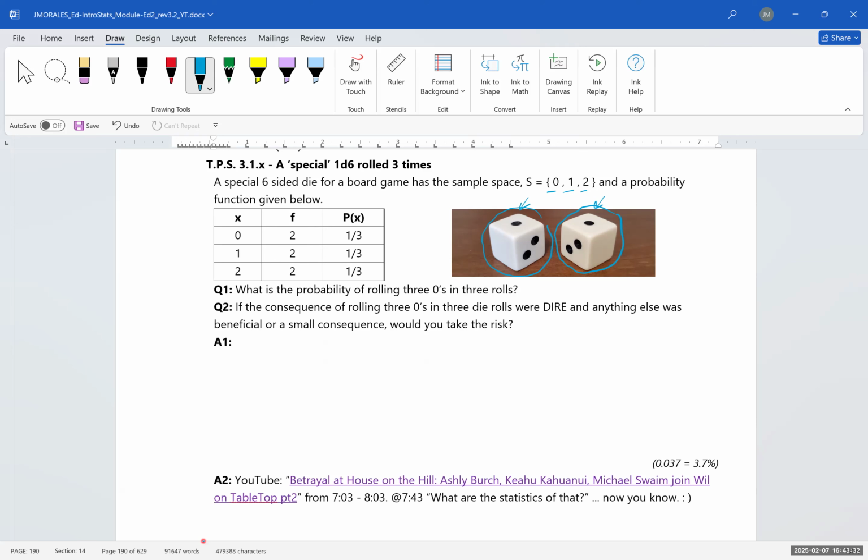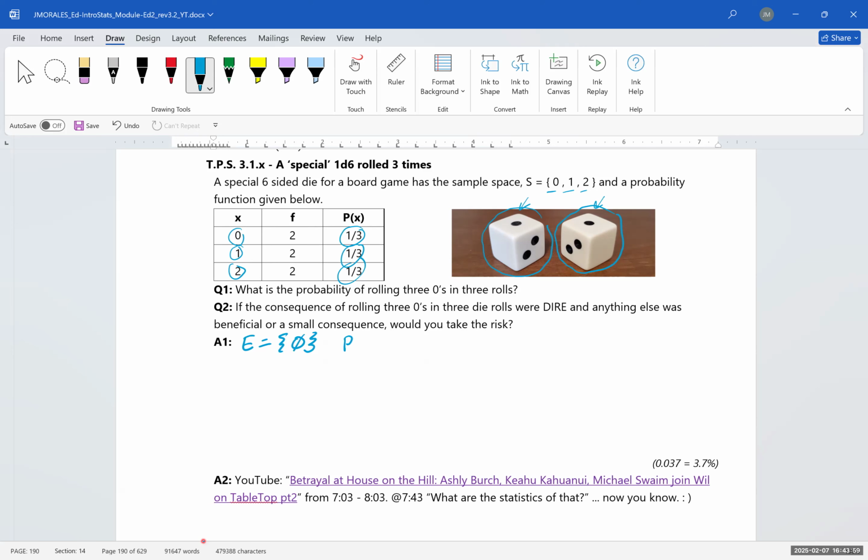The probability of getting a 0, a 1, or a 2 is going to be 1/3 for each of these. So the first question is, what is the probability of rolling 3 zeros in 3 die rolls? Our event is getting a 0.